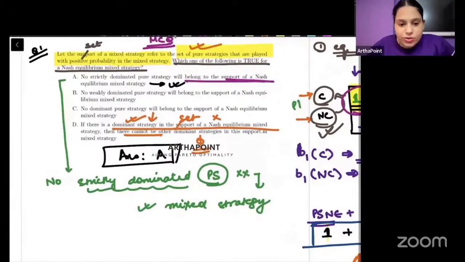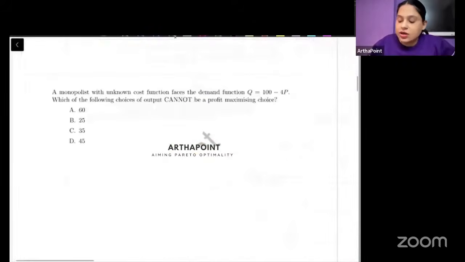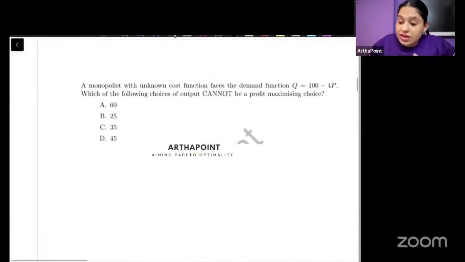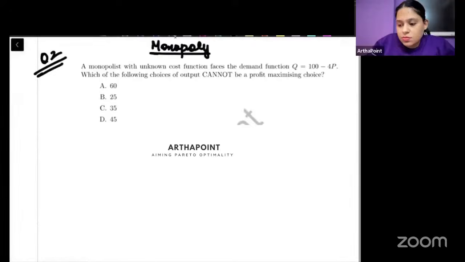Okay, let's move on to the next question. Open up your mind. Try to think as much as you can. Try to do question number 2 now, based on monopoly. Try this one.